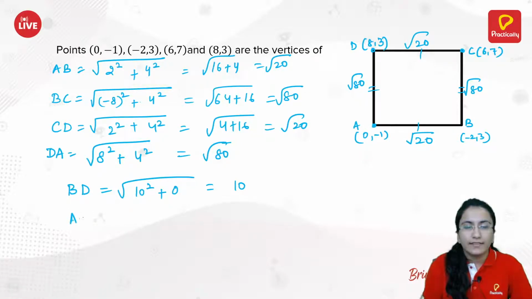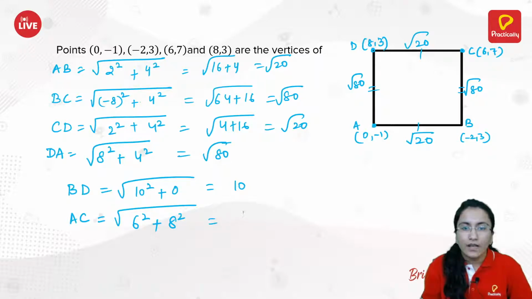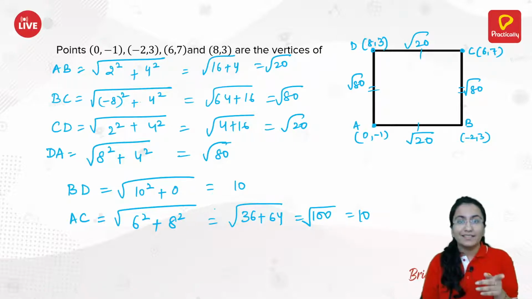Next diagonal length AC is equal to under root of (0 minus 6) square, that is 6 square, plus (minus 1 minus of 7) square, which would be 8 square, that means you have 36 plus 64 under root of this, that is 100. Taking under root you will get 10, that means diagonals are also equal.